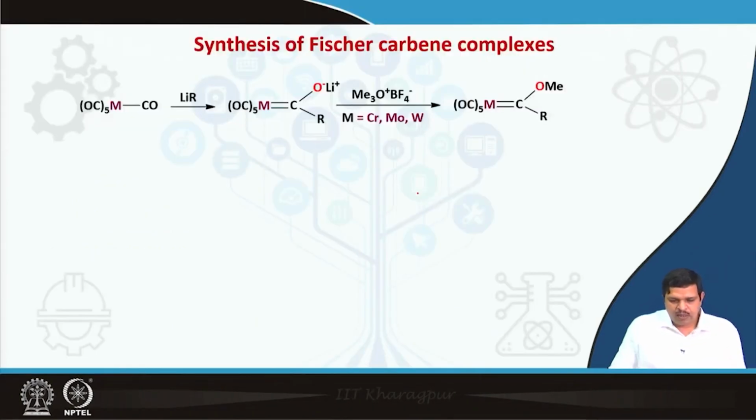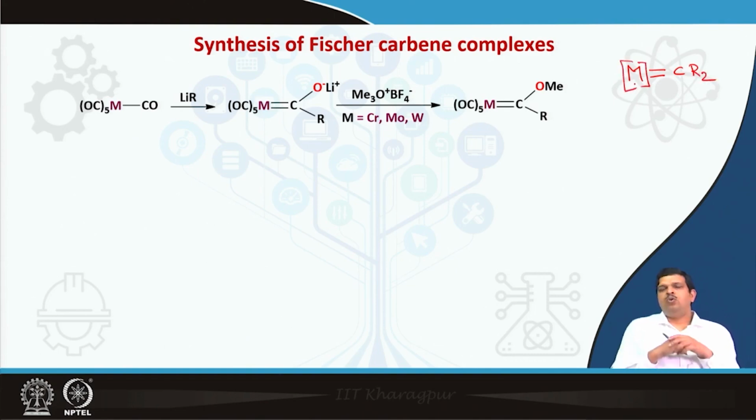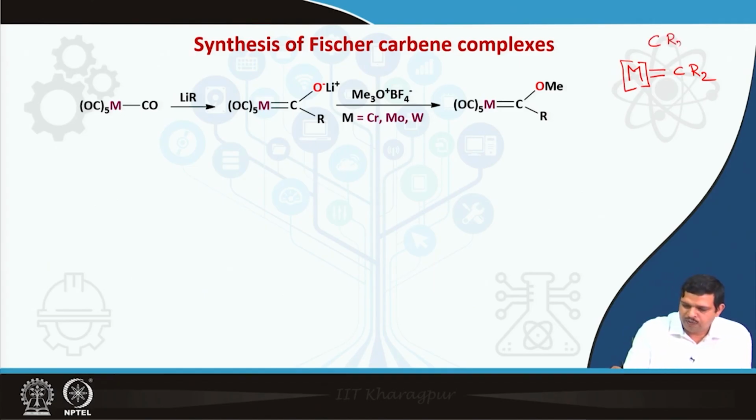We know that generally there are two types of carbene complexes, one is the Fischer and one is the Schrock carbene, and the general structure is like that. Formally there are two bonds between metal and carbon, and you know that CR2 is a free carbene. This is highly reactive.